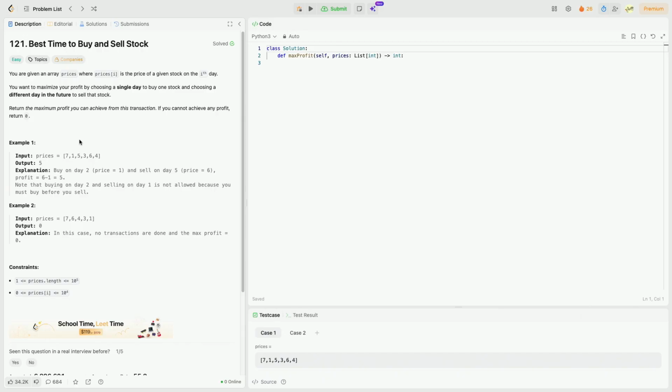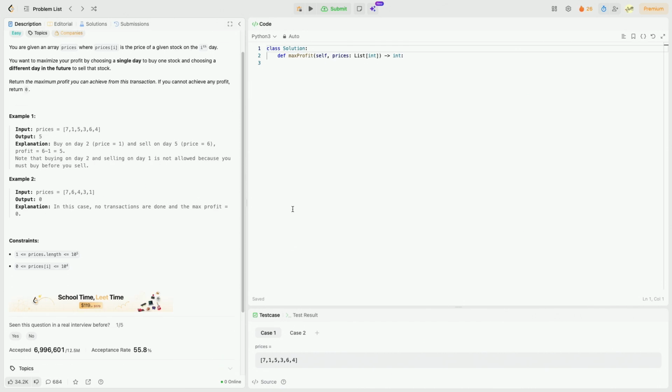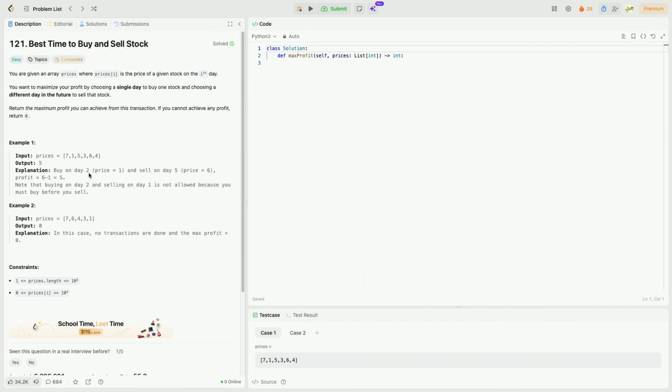Obviously we're looking for a way to buy cheap and to sell high. And the question is, because the stock price can go up and down, how do we pick the optimal dip to then sell at the highest point relative to that dip? In this example, it starts high, drops to 1, goes to 5, to 3, to 6.